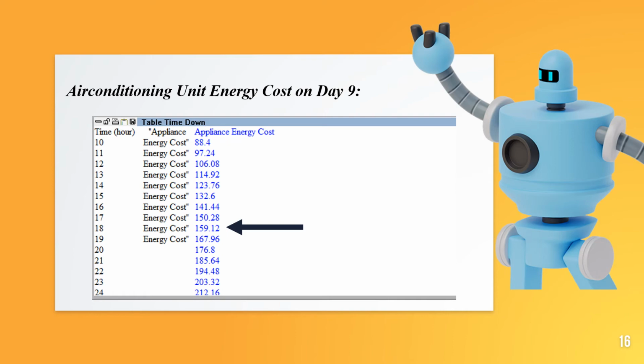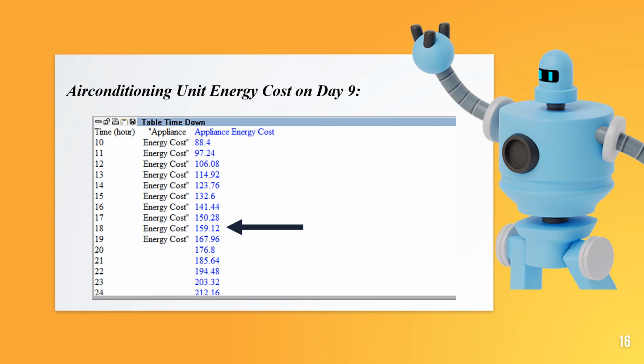So in this part, we can now get the energy cost on the 9th day of use of this air conditioning unit. Given that the appliance is being used 2 hours per day and we are tasked to get the energy cost on the 9th day, 2 hours per day multiplied by 9 days gives us 18 hours.